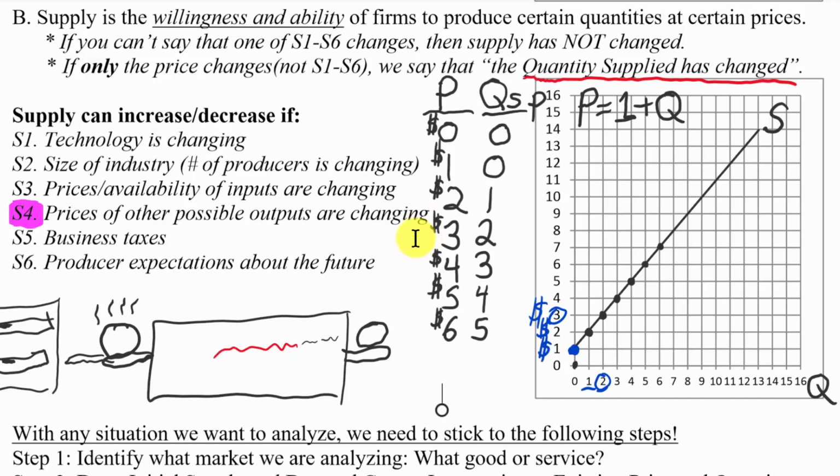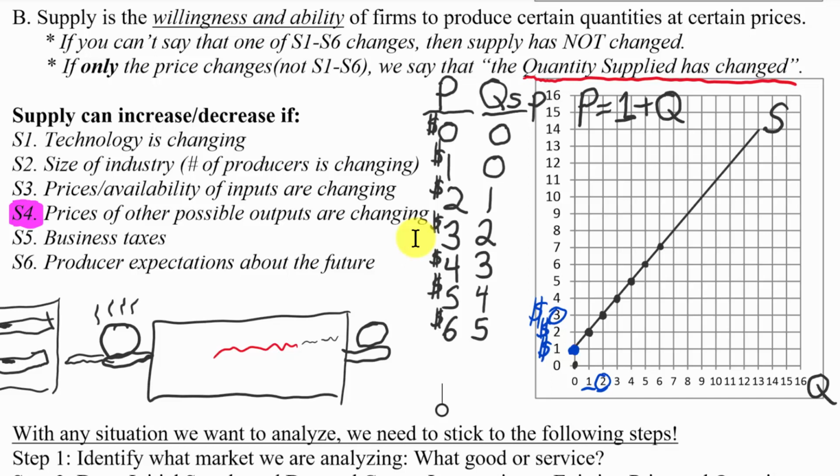So what we're saying here is that any business usually has more than one thing they could possibly produce. A wheat farmer, well, they don't have to produce wheat. They could produce corn or soybeans or cotton or all kinds of things, right? And a pizza restaurant doesn't have to produce slices of pizza. They could also produce lasagna, spaghetti, sandwiches, all kinds of different things.